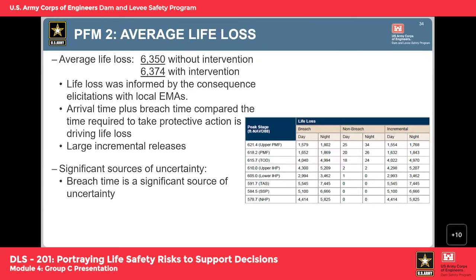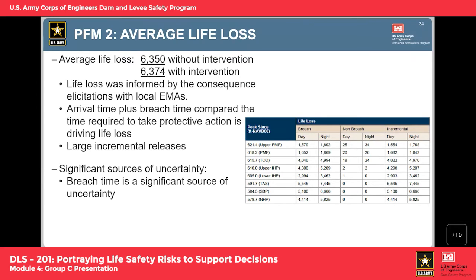Similar to PFM1, this was informed by the consequence solicitation, and each pool for the breach scenario was estimated with uncertainty in LifeSim. Note that the upper PMF and PMF were not considered for this failure mode.